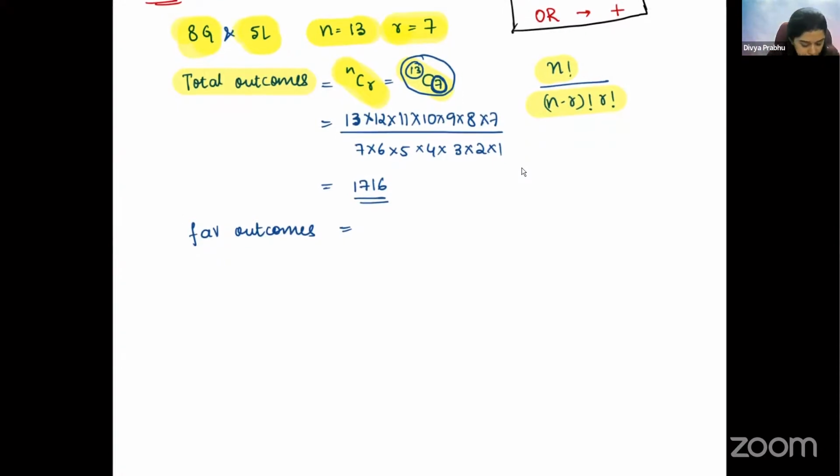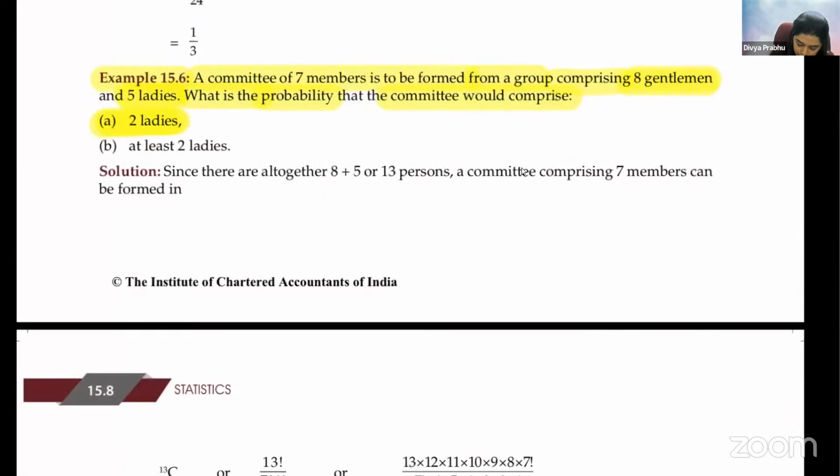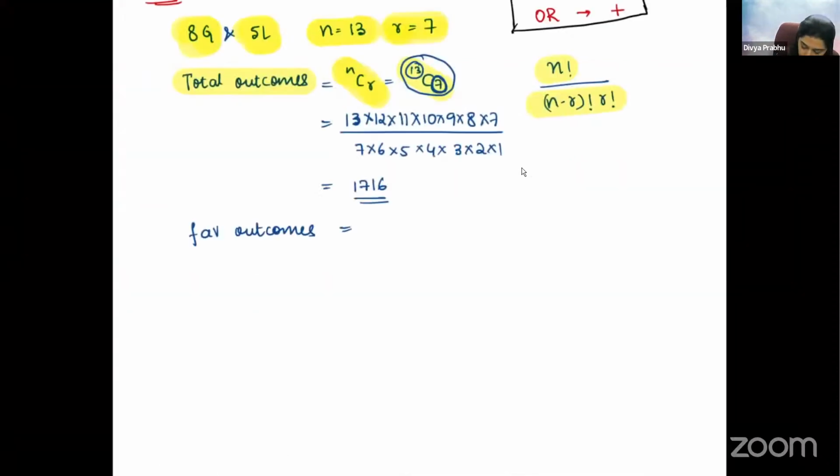Next, go for favorable outcomes. Now, this is the most trickiest part. If you get the starting equation right, your entire answer will never go wrong. So, understand what they are telling: what is the probability that the committee would comprise 2 ladies? Which means, in my committee of 7, I want 2 ladies.